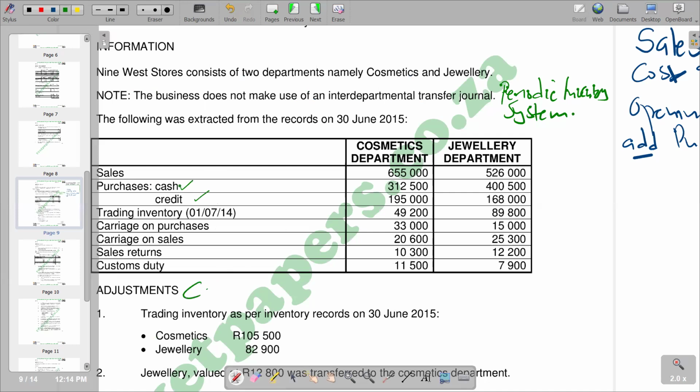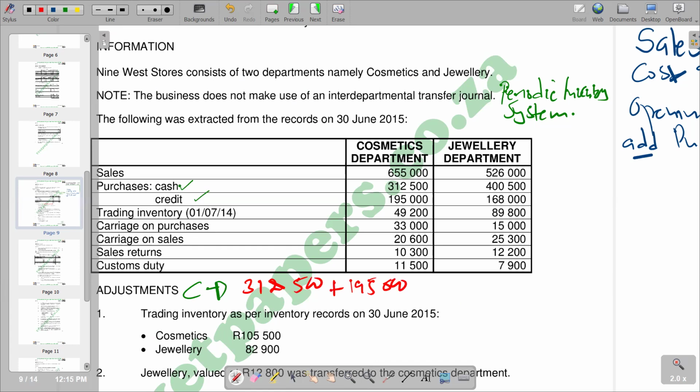So for cosmetics, we are saying our cash purchases 312,500. We add the credit purchases 195,000. Then we check for any purchase returns in the question. You see that we are not having any purchase returns in the question.